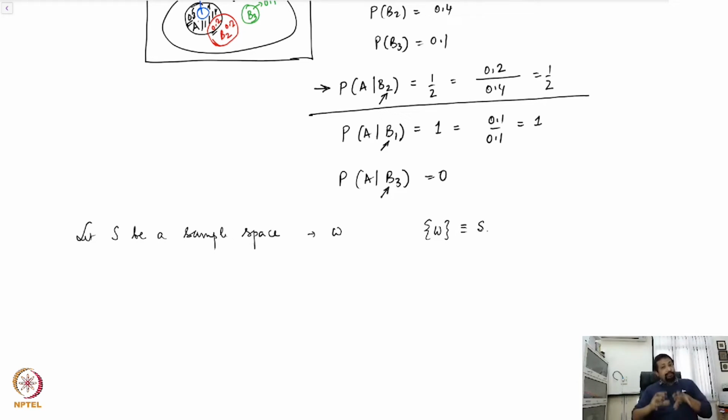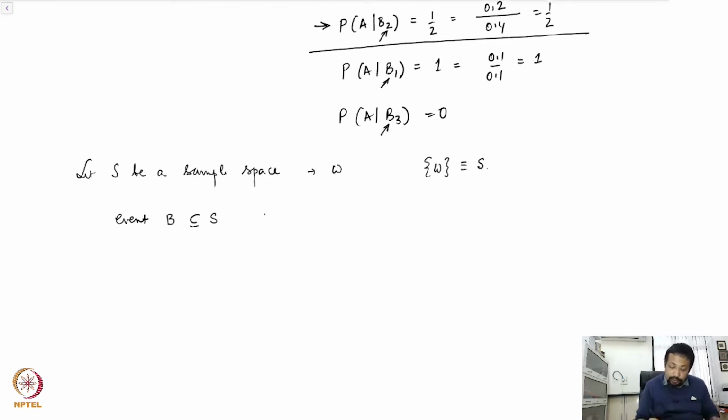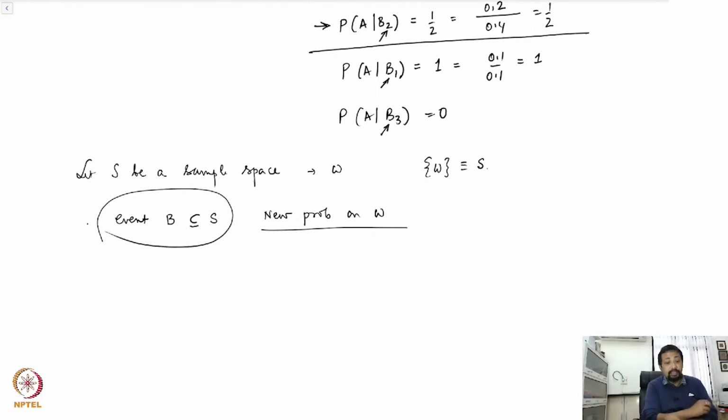Suppose that now an event has occurred, and this event B is a subset of S. Now a new probability needs to be assigned on omega with this knowledge. So we want to assign a new probability of omega given that we know that the event B, which is a subset of S, has happened.